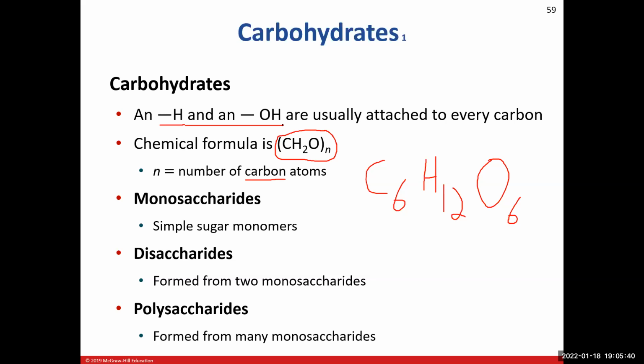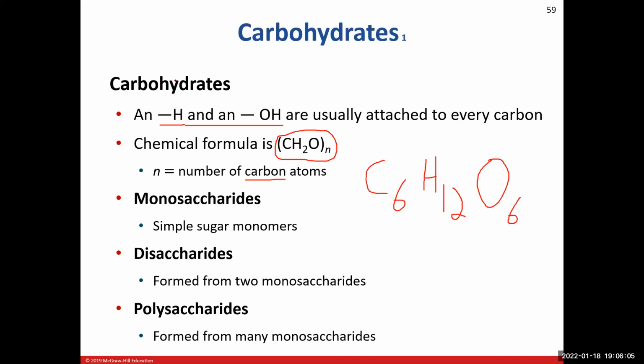So a monosaccharide is what we call our simple sugars. Glucose is primarily your body's favorite monosaccharide. Now, if we take 2 monosaccharides and attach them to each other, we went from 1 sugar to now 2.